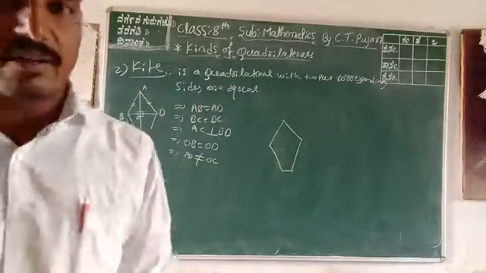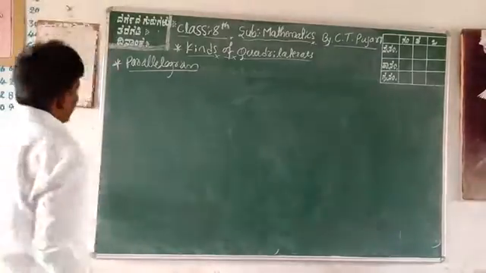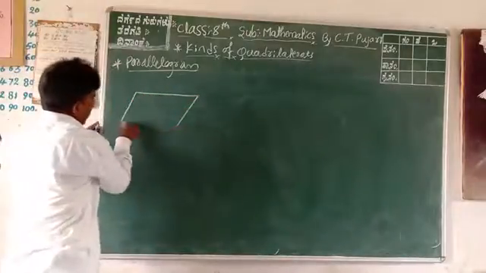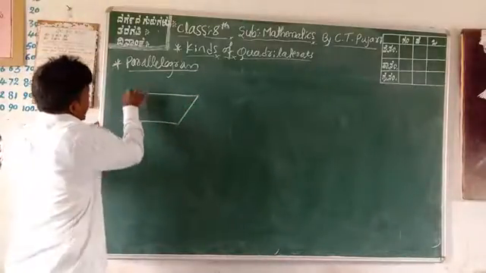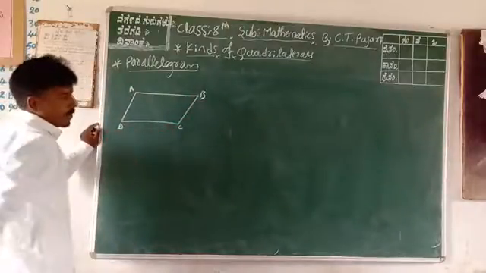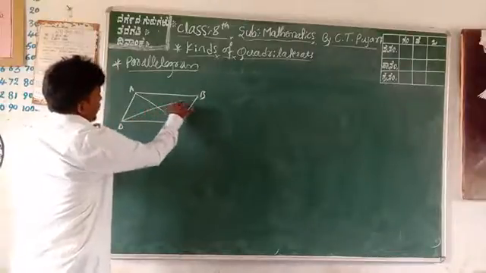Next one is parallelogram. Draw a parallelogram. Consider A, B, C, D is a parallelogram. We can draw the diagonals also. AC and BD are diagonals.